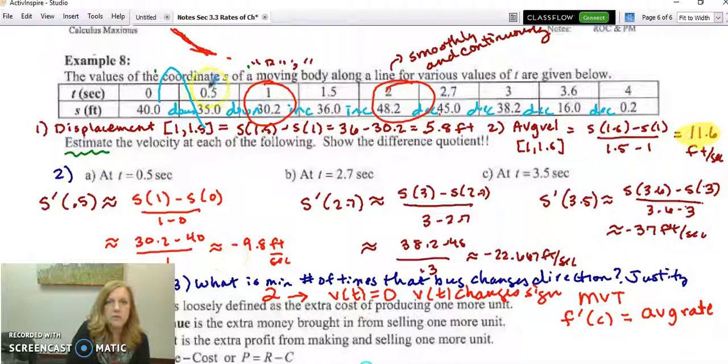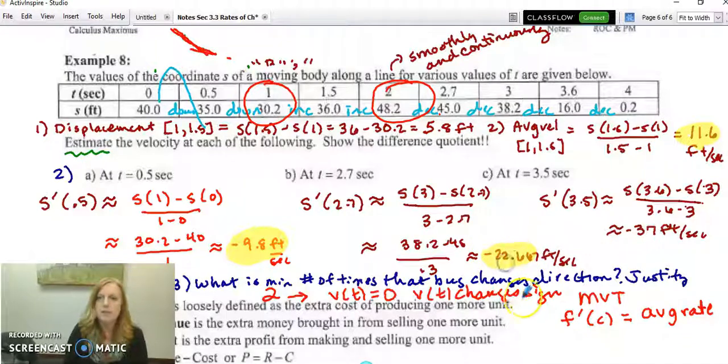I can use the interval before that, which we calculated to estimate at 0.5. I did between here and here, and we got negative 9.8. So somewhere between 0 and 1, the instantaneous rate was negative 9.8. So it's negative. And so clearly, since the velocity changed sign from negative to positive, that would be time number 1. Then after that, let's pick this one here at 2.7.